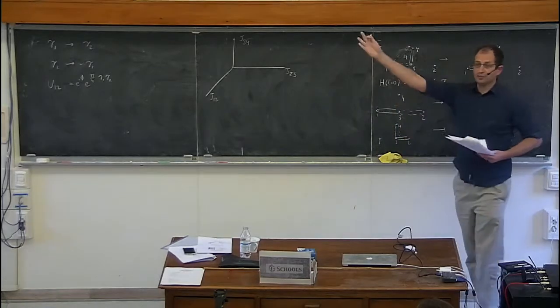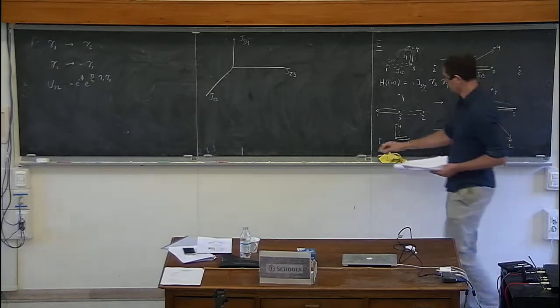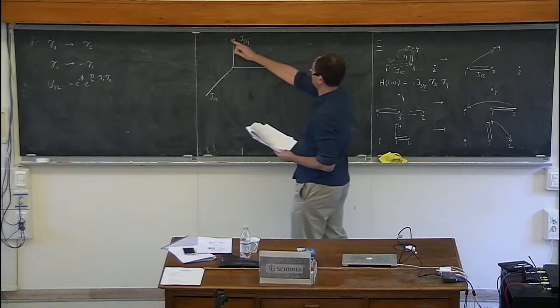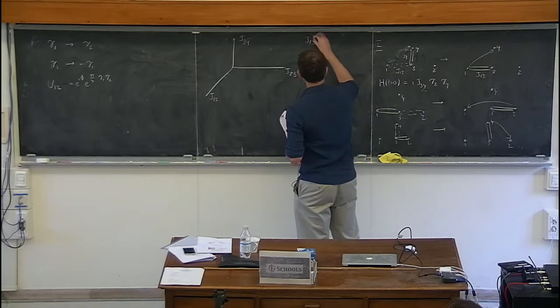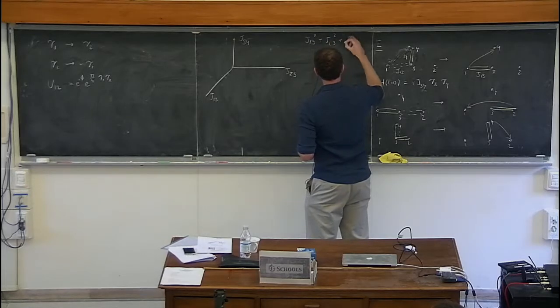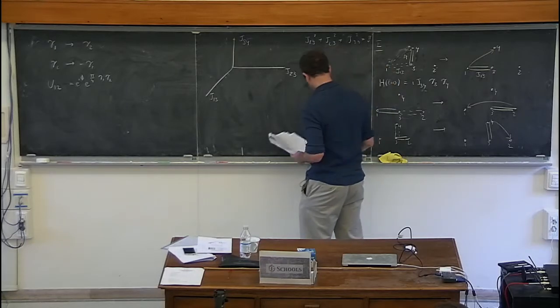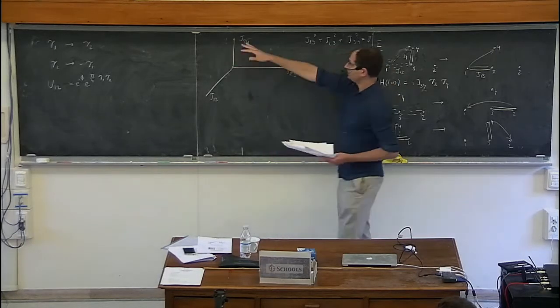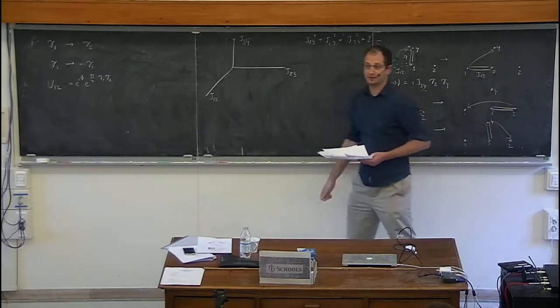Now, the overall magnitude of these couplings is not important, only their ratios are. So let's fix the radius: J13 squared plus J23 squared plus J34 squared equals J squared. So this is essentially motion on the surface of a sphere with radius J.